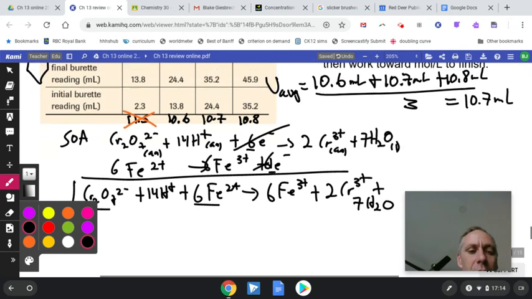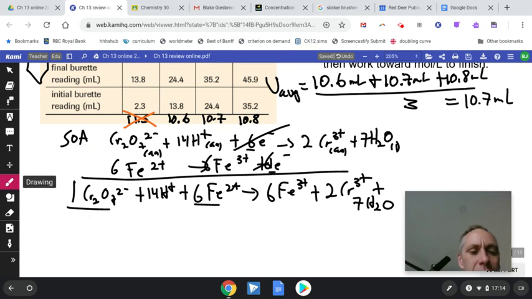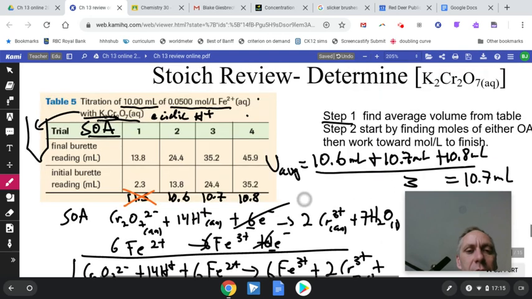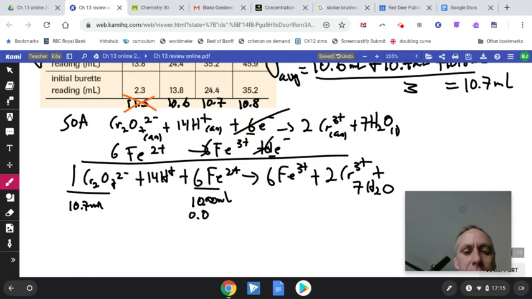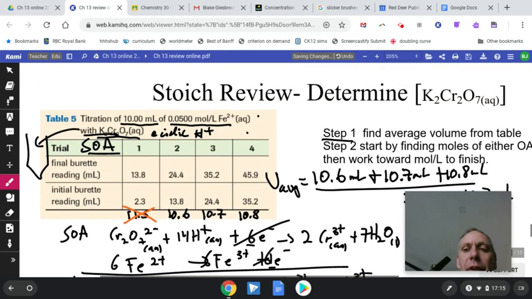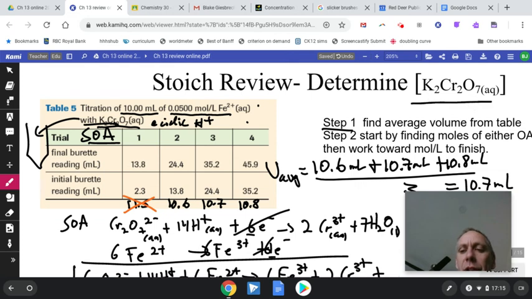Okay, so I'm just going to write under here that we used 10.7 milliliters of this, and we were titrating with 10 milliliters of this, and it was 0.0500 moles per liter. Okay, we have everything we need to do our stoichiometry to figure out the concentration of dichromate.